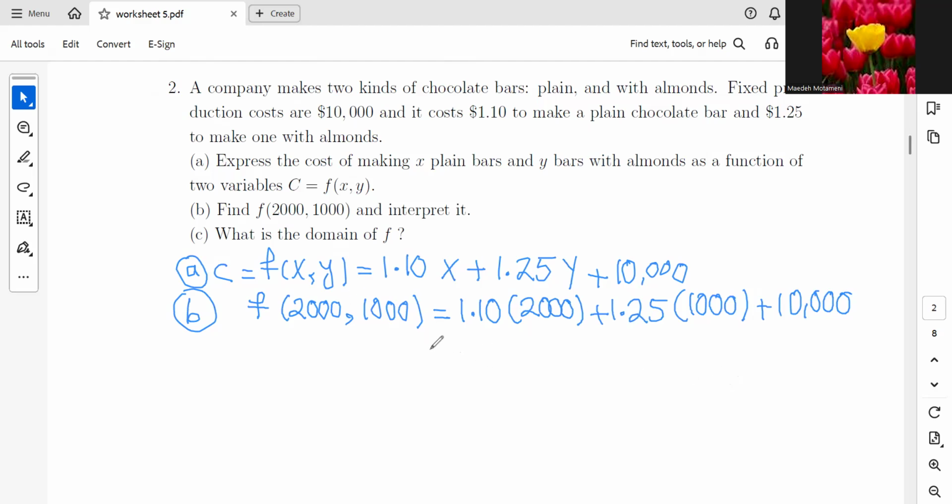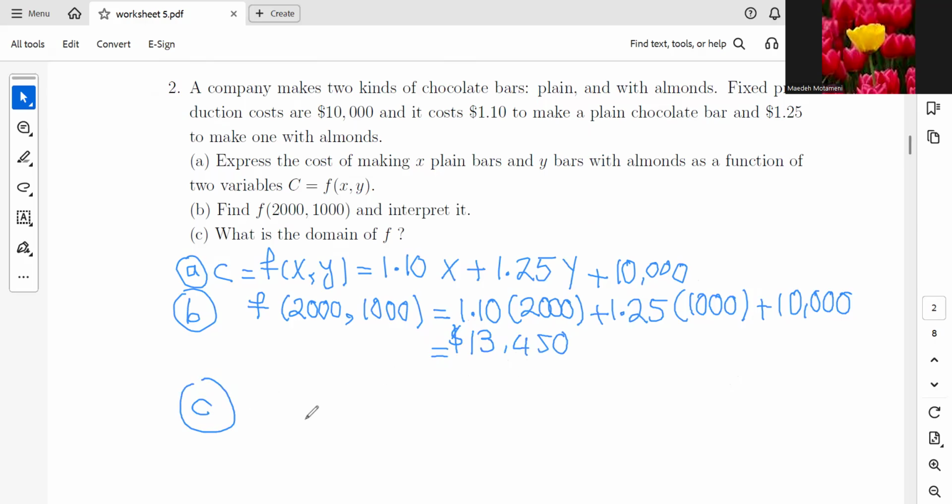This is what we should multiply together, add them up, and you get $13,450 for this. Meaning it costs $30,400 to make 2,000 plain bars and 1,000 bars with almonds.